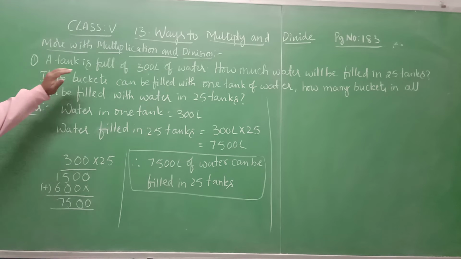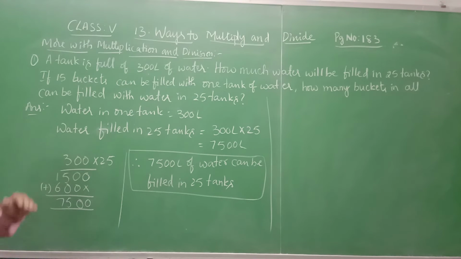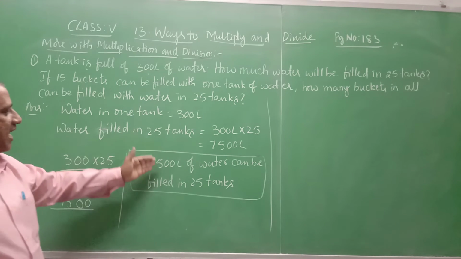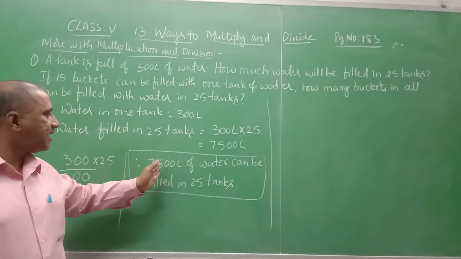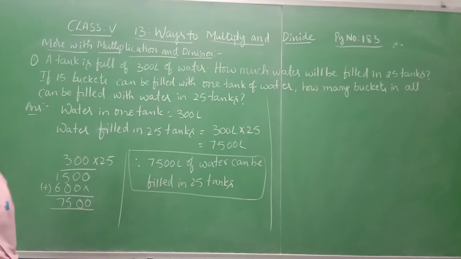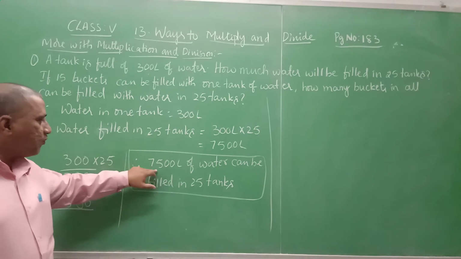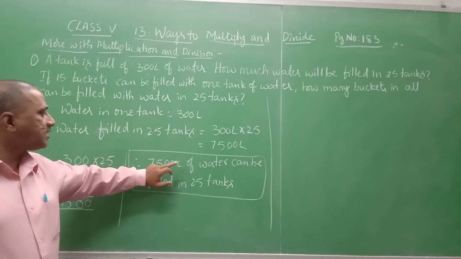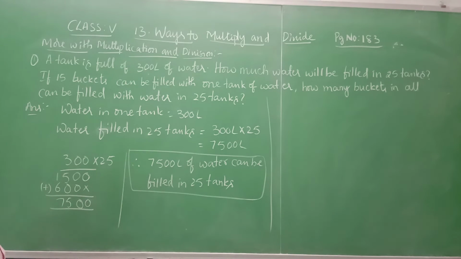So 300 liters, 15 buckets. Now 25 tanks, how much water is there? It is 7,500 liters of water. To fill this 7,500 liters of water, how many buckets are needed? So what to do? Yes, it is division. So here we will do the division.